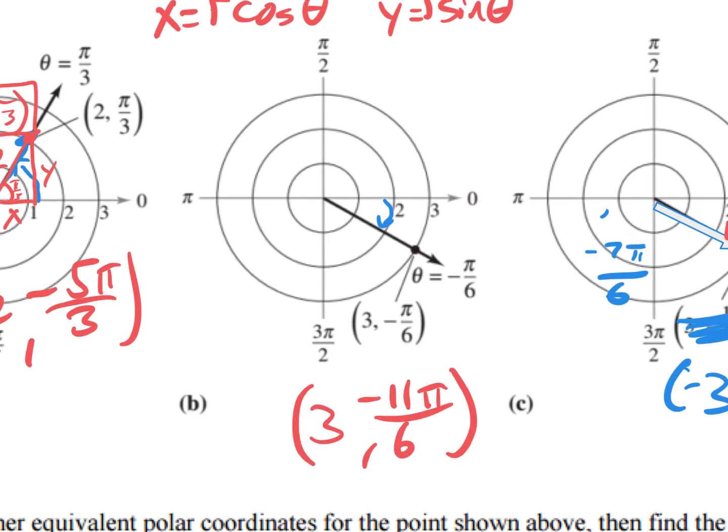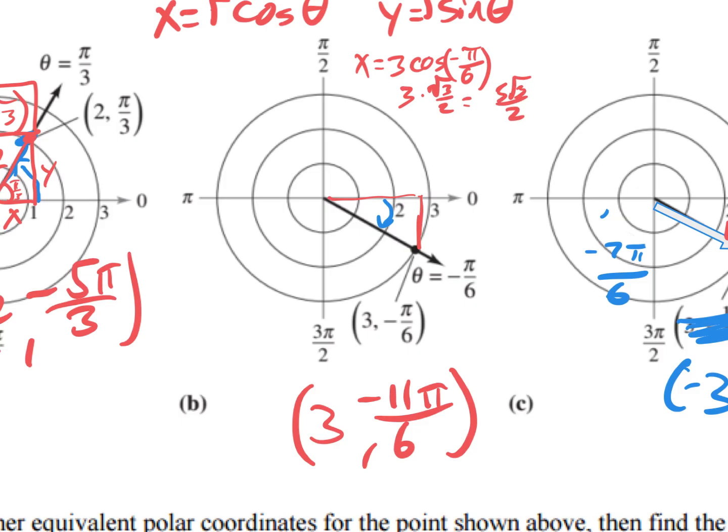So if we say x equals 3 times the cosine of negative pi over 6, you can look at this here. The cosine of this angle is the long distance, root 3 over 2, so this is 3 times root 3 over 2, which is 3 root 3 over 2.